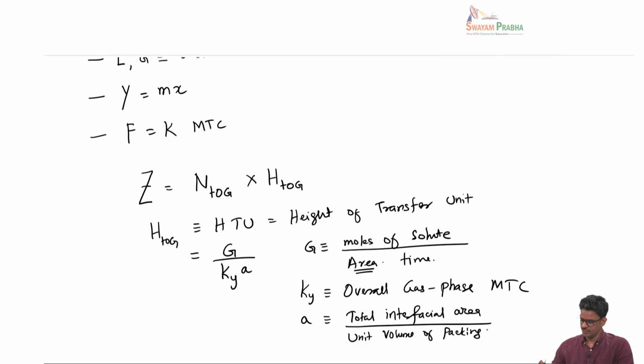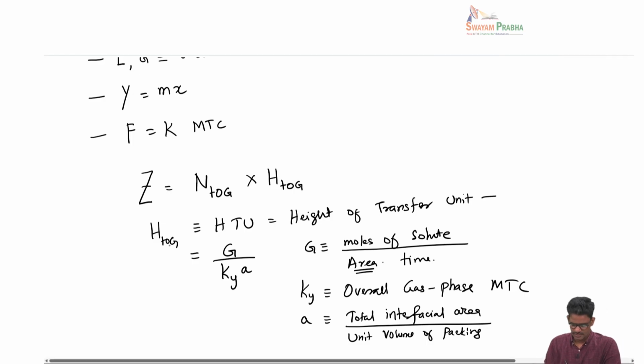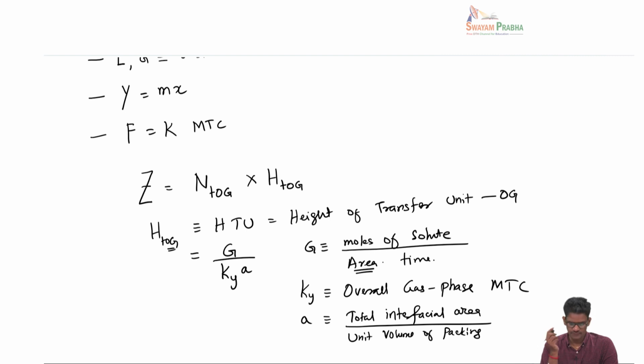And this HTU comes with this OG here because it is based on the overall gas phase mass transfer coefficient. Okay, if you were to do the same calculation based on the liquid side mass transfer coefficient, you would have HTOL, based on the liquid side mass transfer coefficient. But here in absorption, we assumed that the gas phase mass transfer coefficient is the important one. Okay, gas phase is limiting the transfer.